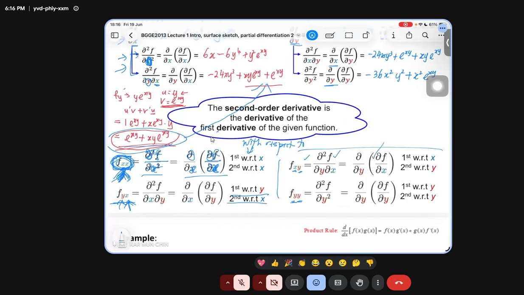These three forms can be written, and they are all equivalent.